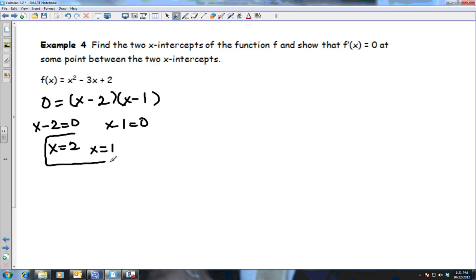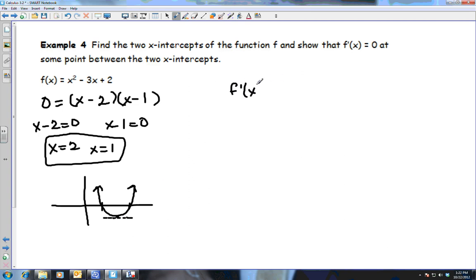Those are my x-intercepts. So when I graph this, here's 1, here's 2. It's going to look something like this, just a sketch of it. So now, show that f prime of x equals 0 at some point between these 2 points. So remember, here would be my horizontal tangent that we're finding. So I'm going to find the derivative of this.